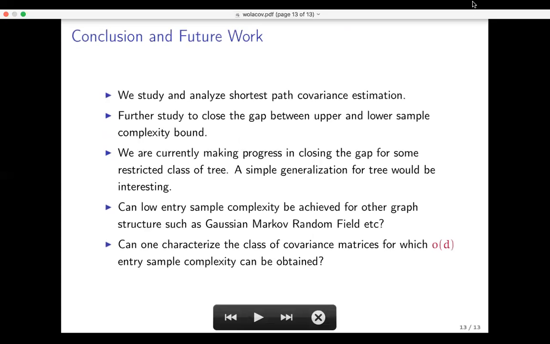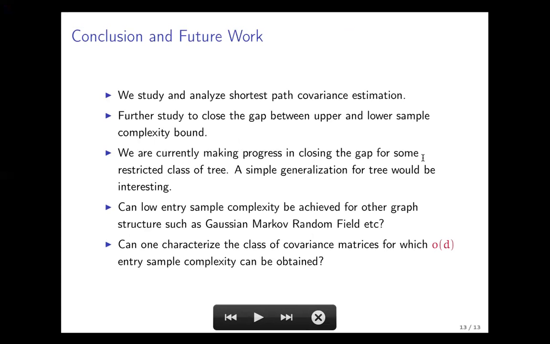In conclusion, here we study and analyze shortest path covariance estimation, where we show an algorithm on how to do covariance estimation based on an underlying graph.